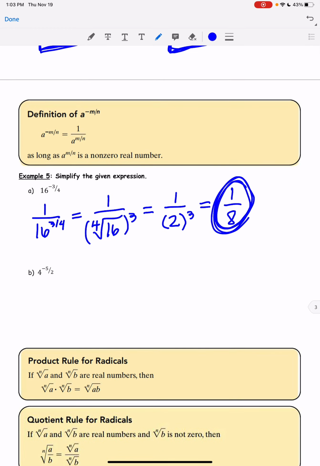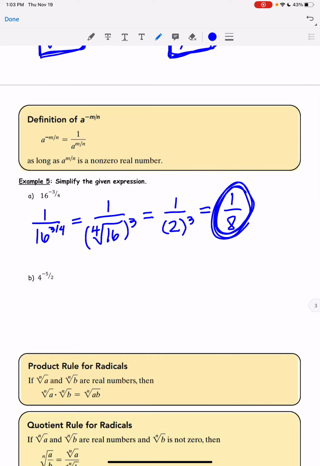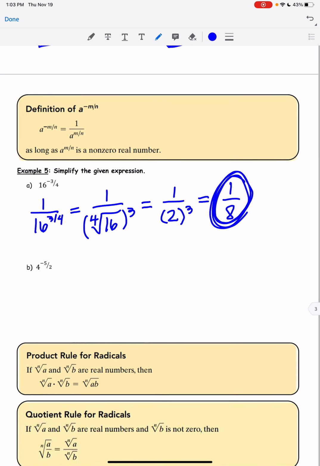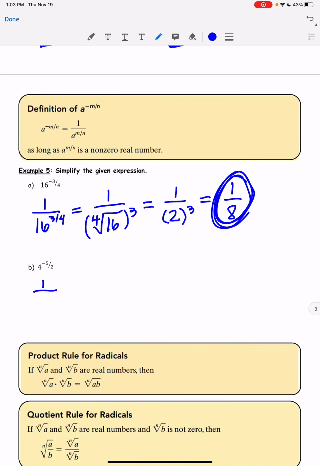Same thing on B. We need to make that positive first. So this becomes 1 over 4 to the 5/2. When you move it from the numerator to denominator, it changes that exponent from negative to positive. So now let's rewrite this. This will be 4 to the 5th, and that 2 is going to come around.